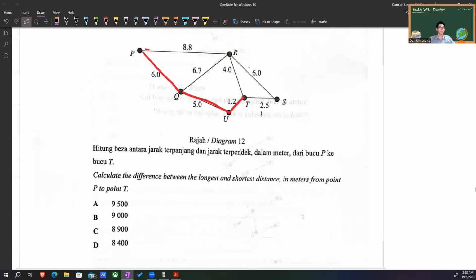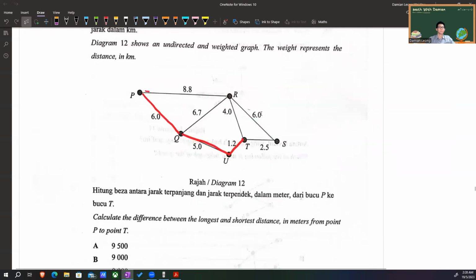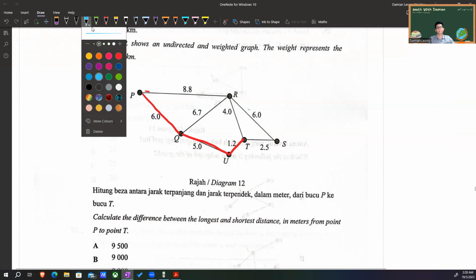Longest, actually longest is a bit ambiguous.